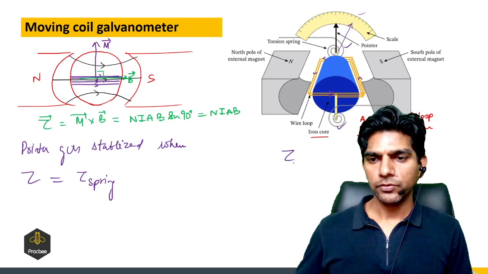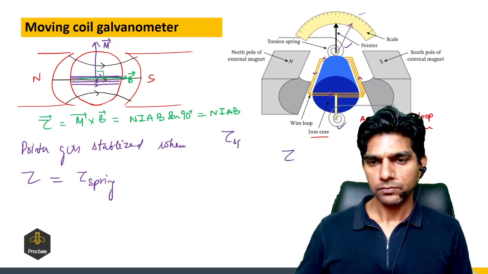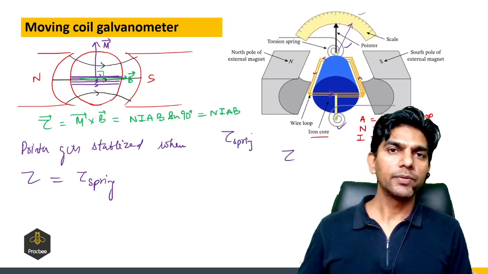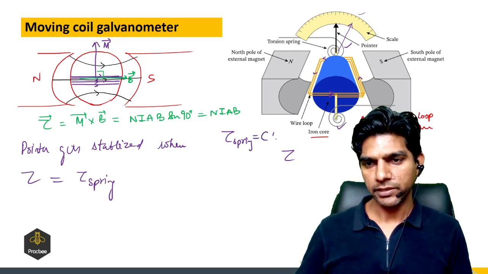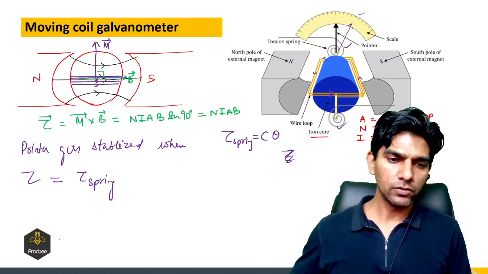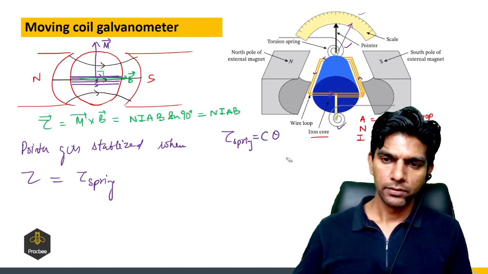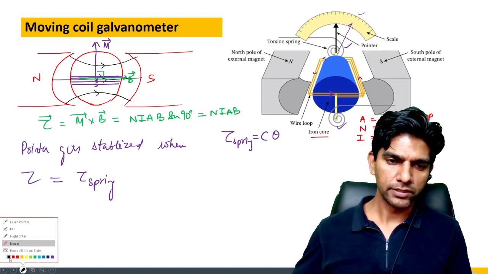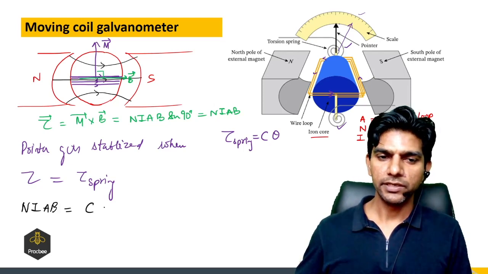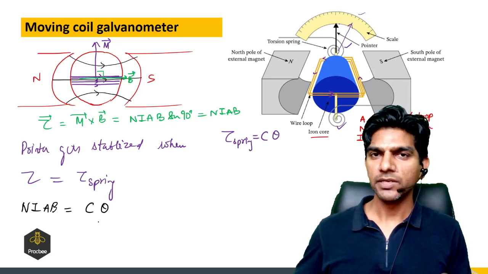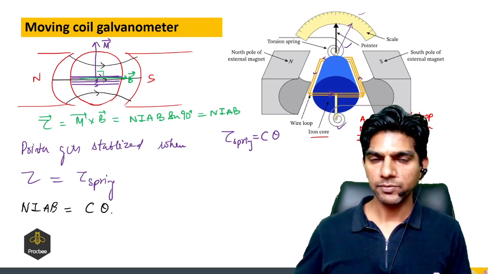And the torque due to the spring is directly proportional to the deflection. So we can say it is equal to C theta, where C is known as the torsional constant of the spring. So we can say NIAB should be equal to C times theta, or sometimes we'll write it as K times theta, right?